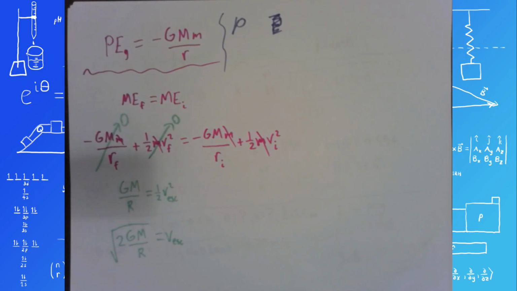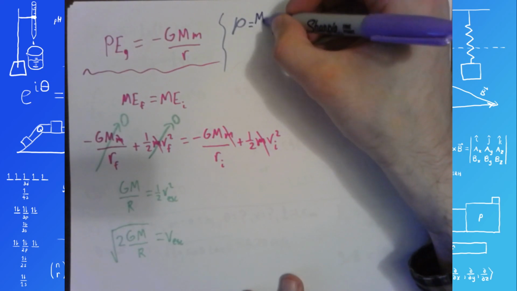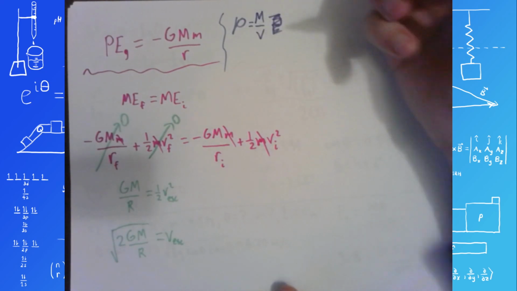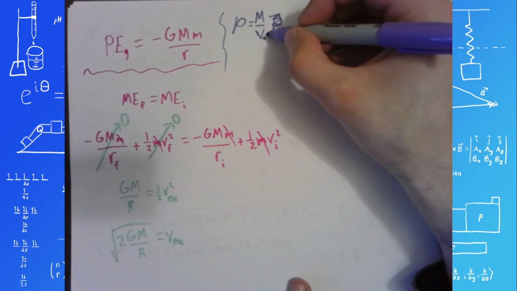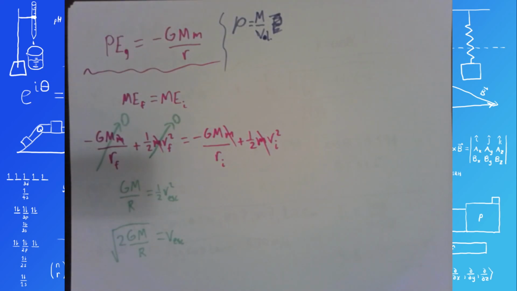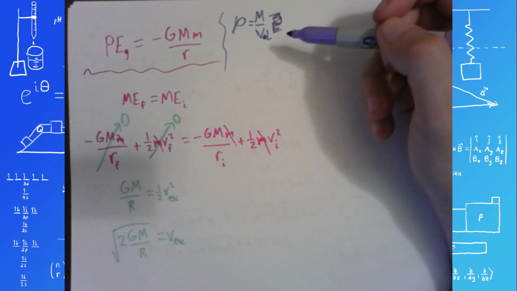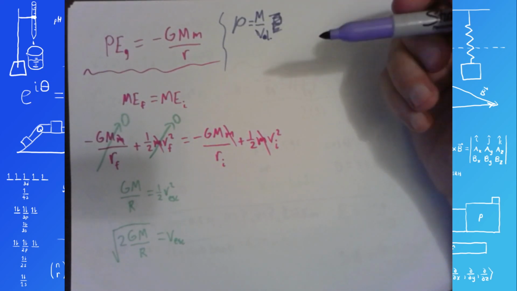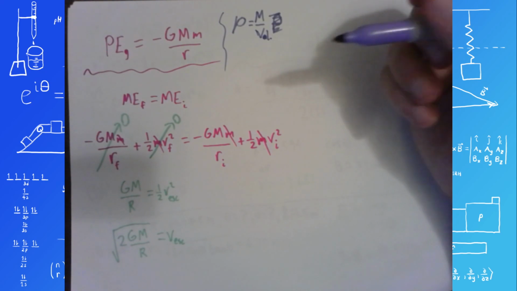So density, if an object is uniform, is equal to its total mass over its total volume. I should probably call that VOL, volume, so that it's not mistaken for speed. And the volume of a planet, if we assume the planets are spherical, would be 4/3 pi r cubed.